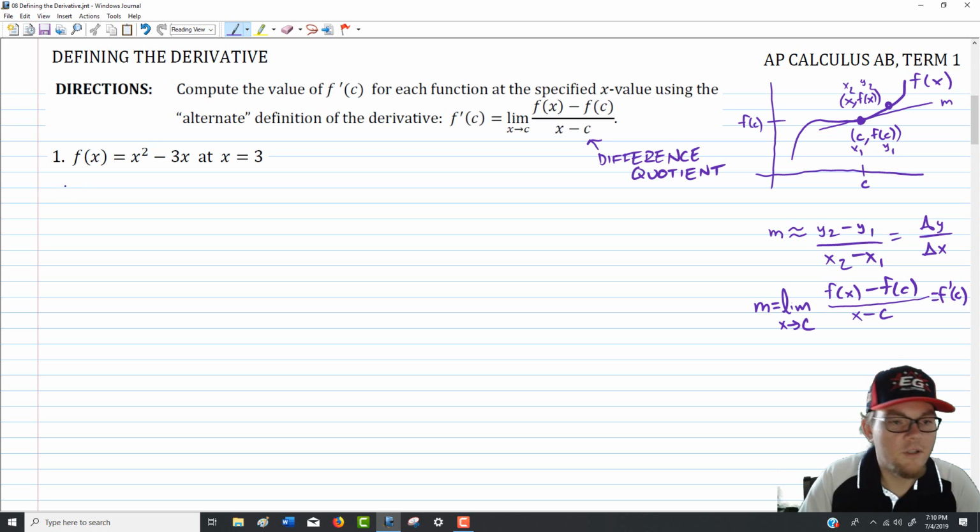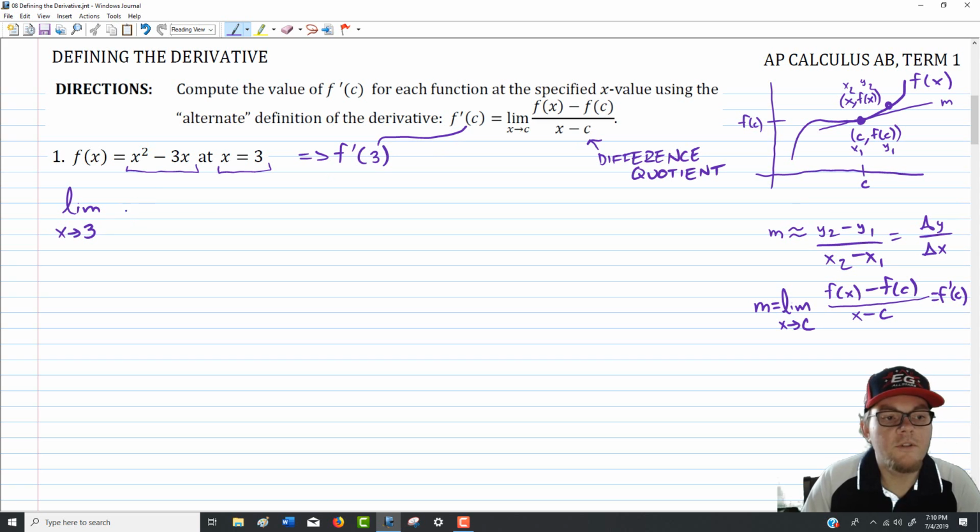So in here, first thing I want to do is get this thing set up. We got a parabola, and we're talking about x equals 3, which means for our sake, we're trying to find f prime of 3, just as a heads up. In order to do this, we want to evaluate the limit as x approaches 3, because again, that's our c.